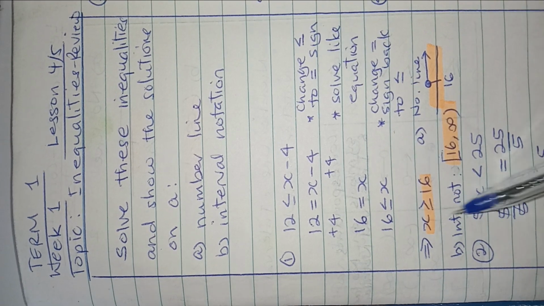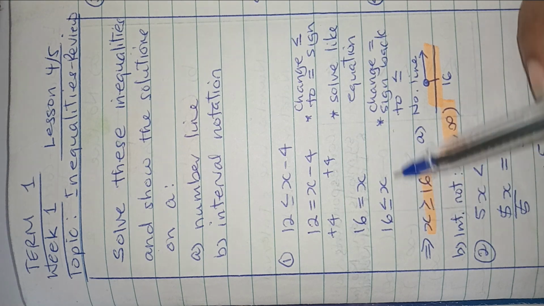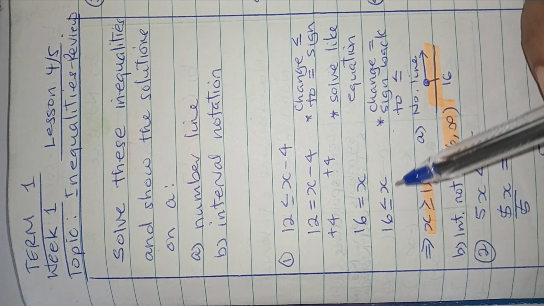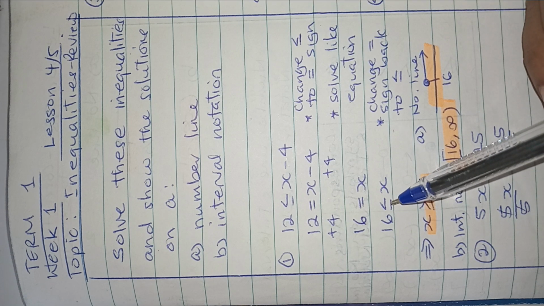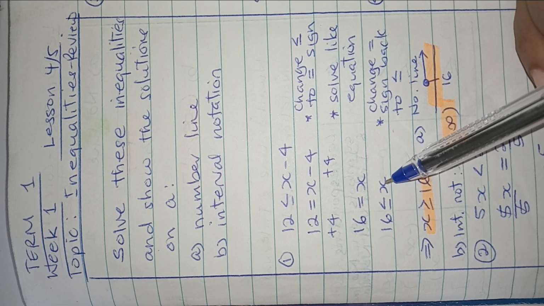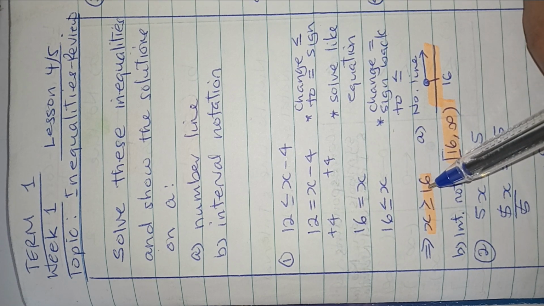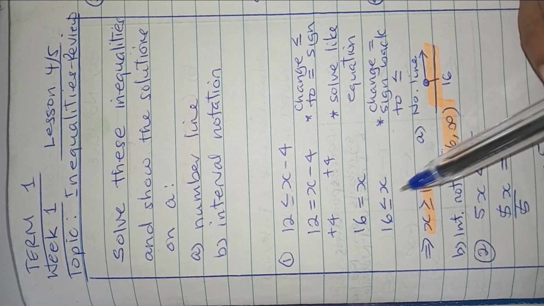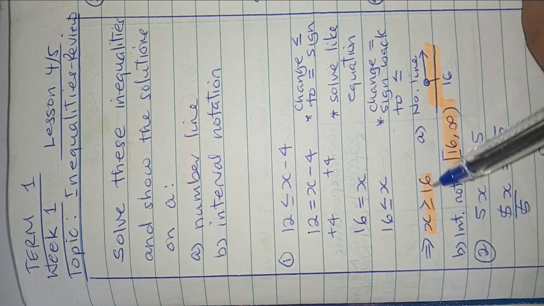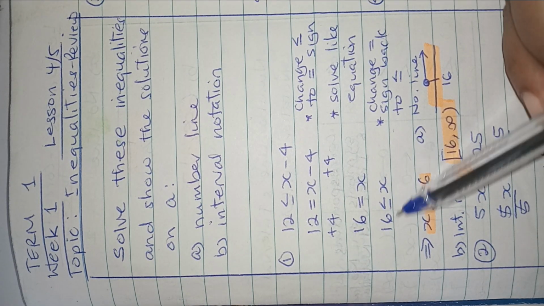We have to understand what this statement means, because when we put it on a number line, the meaning must still remain. Now it is much easier if we put x on this side and the number on that side. So when we do that, the less than sign will become a greater than sign. And why is that? Let's understand the meaning of this statement.